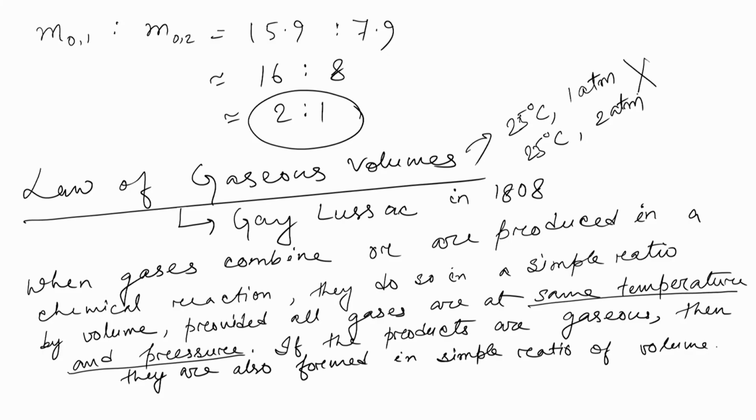We cannot use Gay-Lussac's law in these conditions because why? Same temperature and pressure. Similarly, we cannot also correlate this condition with let's say 35 degrees Celsius and 1 atm. So, same temperature and pressure is very important.